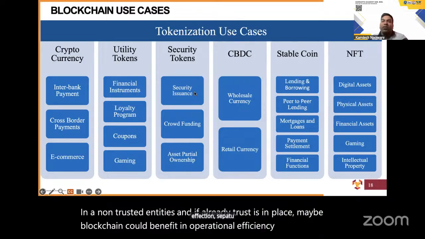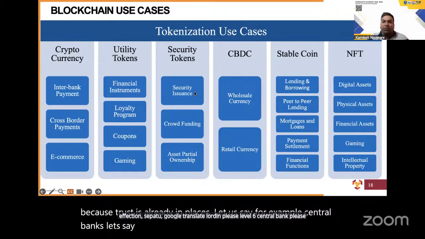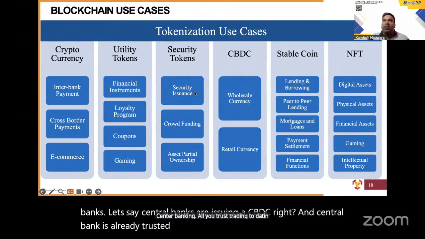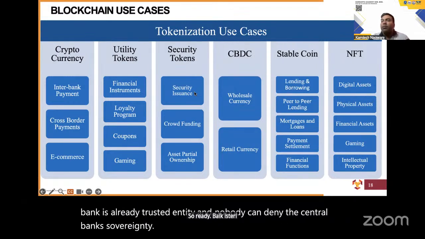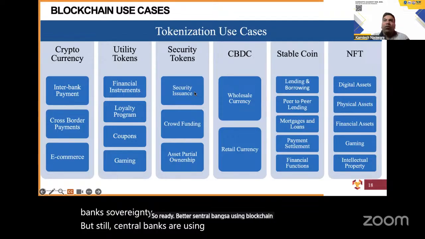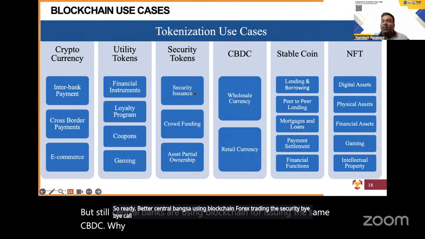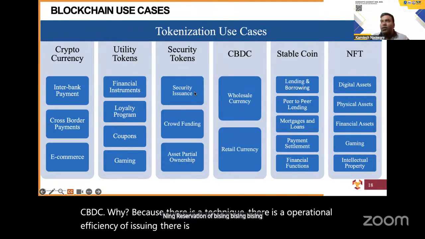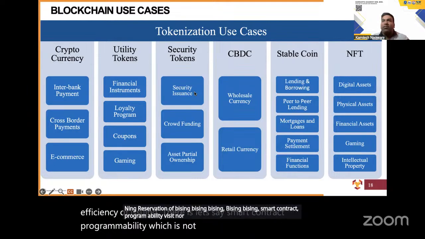Let's say, for example, central banks are issuing a CBDC, right? And the central bank is already a trusted entity, and nobody can deny the central bank's sovereignty. But still, central banks are using blockchain for issuing a CBDC. Why? Because there is an operational efficiency of issuing. There is, let's say, smart contract programmability, which is not available in a centralized system. Those kinds of benefits.